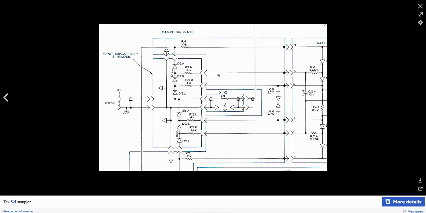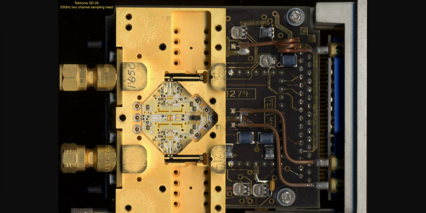In some documentation they refer to 4 diodes. I find this interesting because when we see pictures online, when people open those sampling heads, with some time we can begin to recognize those structures.